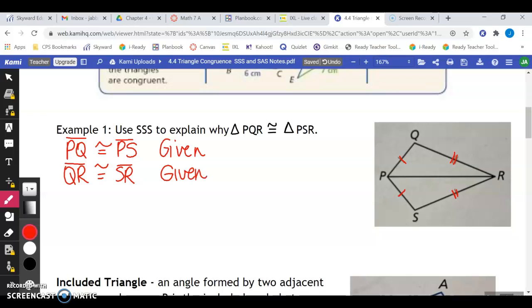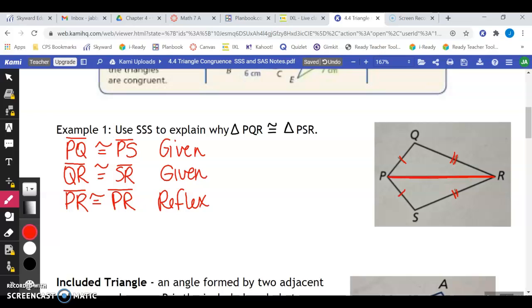So the only thing that we have to prove then is that this side of the triangle on both triangles is the same. So PR is congruent to PR, and that is the reflexive property of congruence. And remember, that says that any shape is congruent to itself.